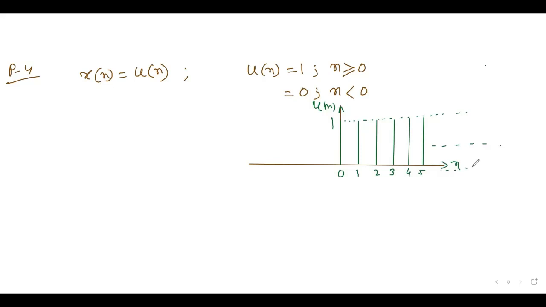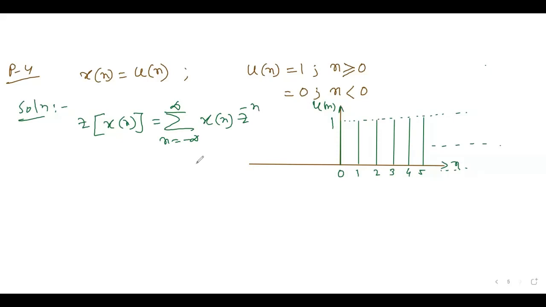So what will be its z transform? I have already done it, but let me do it once again. The z transform of x[n] is the sum from n equals minus infinity to plus infinity of x[n] z to the power minus n. For our right hand side infinite signal, this becomes n equal to 0 to infinity.